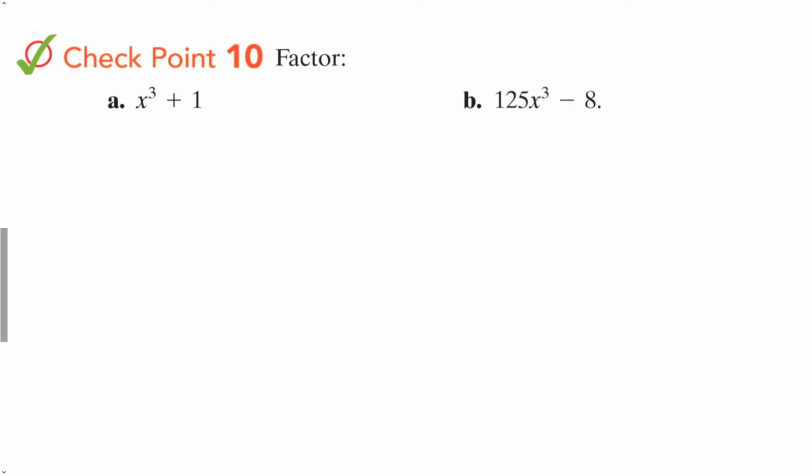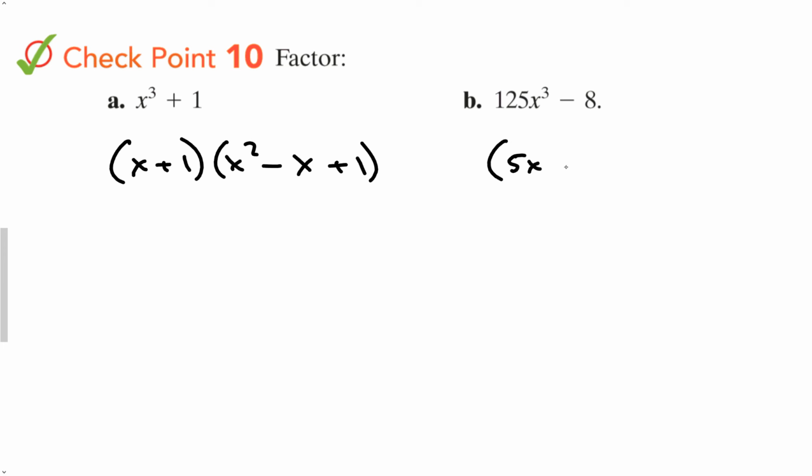Again, ask yourself, are these perfect cubes? X to the third is a perfect cube. 1 is a perfect cube. It's x, same sign, opposite sign. Multiply these together. Always positive, square the last term. 125x to the third, that is 5x. 2 times 2 times 2 is 8. Same sign.